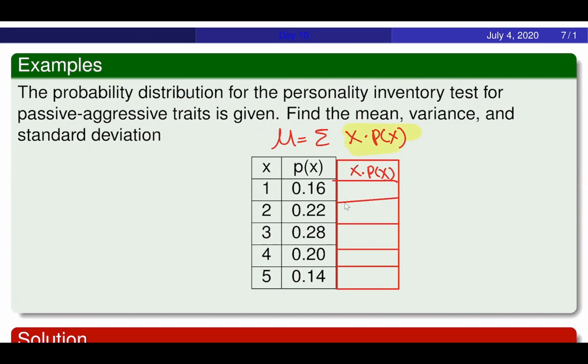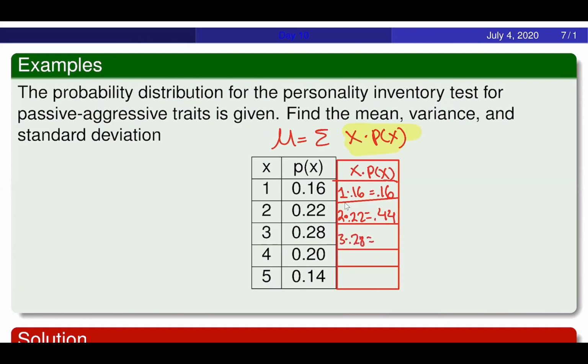The first thing I'm going to do is 1 times 0.16, which gives me 0.16. Up next, I'm going to do 2 times 0.22, which gives me 0.44. Then you could do 3 times 0.28.